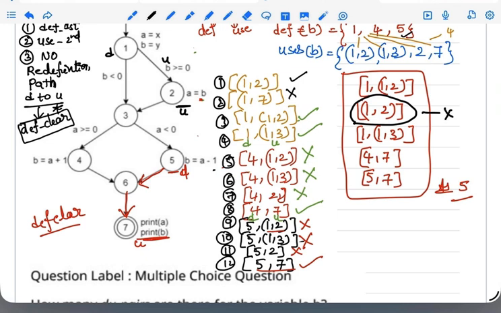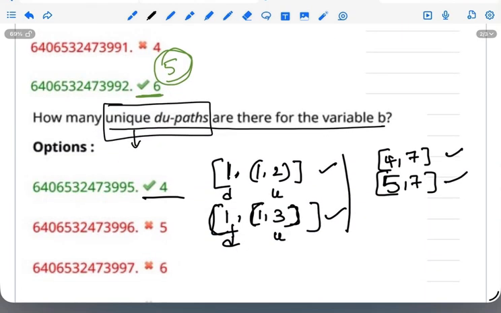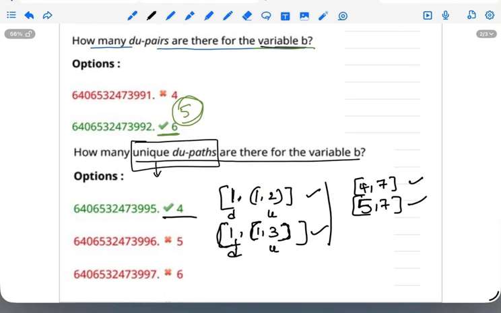This is a valid du pair, but not a unique du path. According to the answer, these four are the unique du paths for the variable b. The answer for this question is option A, 4.